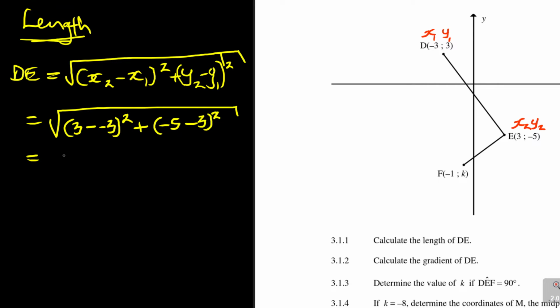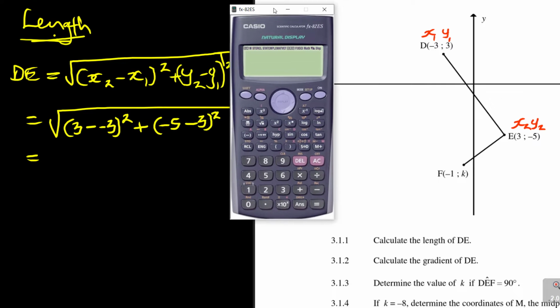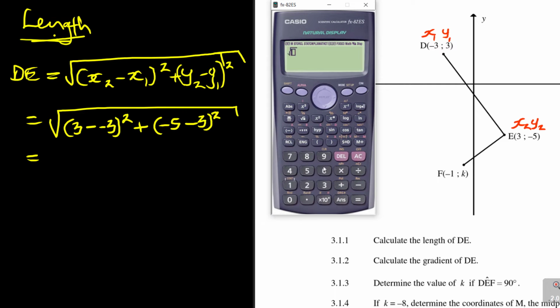Just go for the calculator, let the calculator do the work, and the only thing you need to do is to settle the final answer. Are you with me, guys? So when we look into the square root of 3 minus negative 3, squared, plus bracket negative 5, I prefer this negative 5, minus 3, squared, equal to, you see, I get 10.